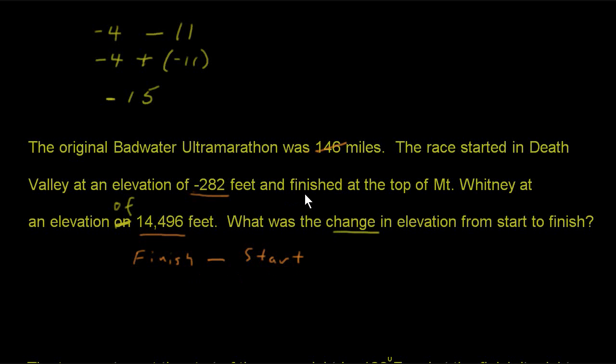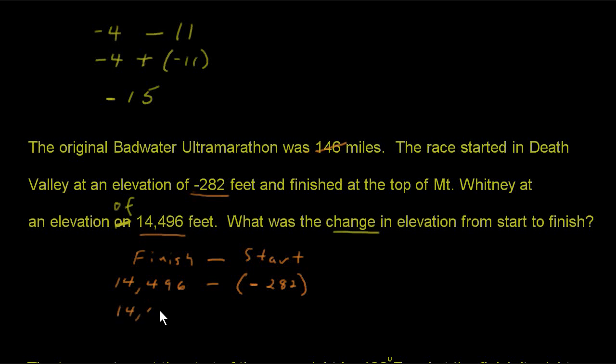And what was the finish amount in this? Well, it finished at 14,496 feet. So from that we want to subtract the start amount, and at the start of the race it started at -282 feet. So we want to subtract a -282.